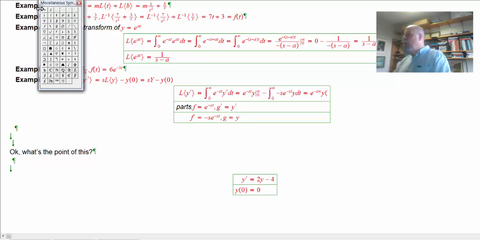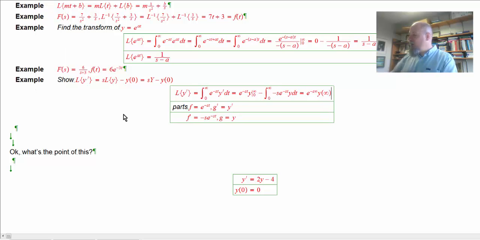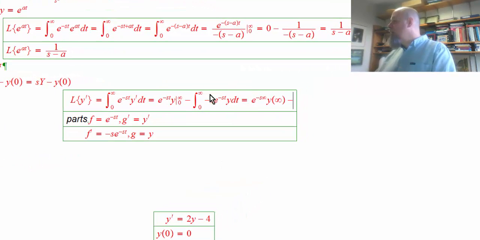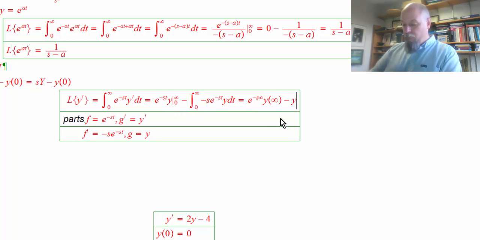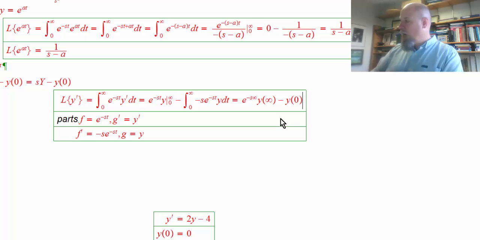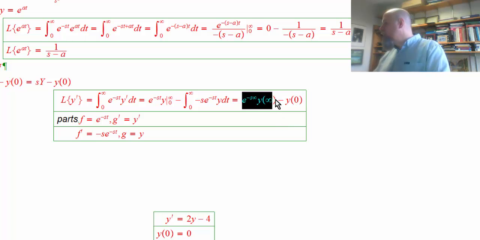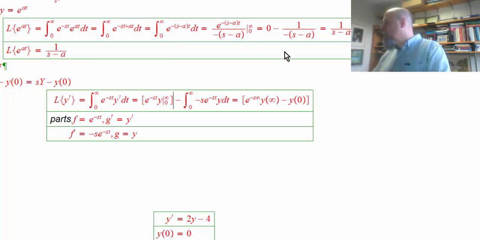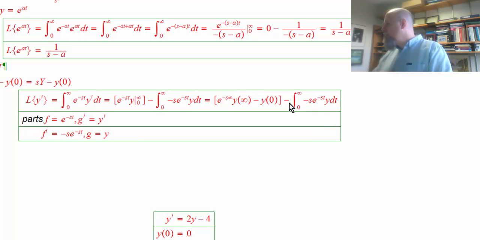So it's y of infinity, or the limit, minus, when I plug 0 in to this, I'm getting e to the 0, that's 1, and y of 0. And I still have this minus the integral piece here. Let's take this minus s to the outside.